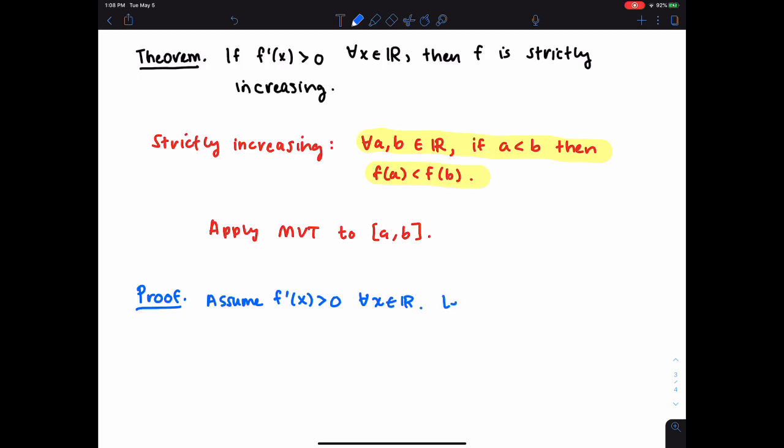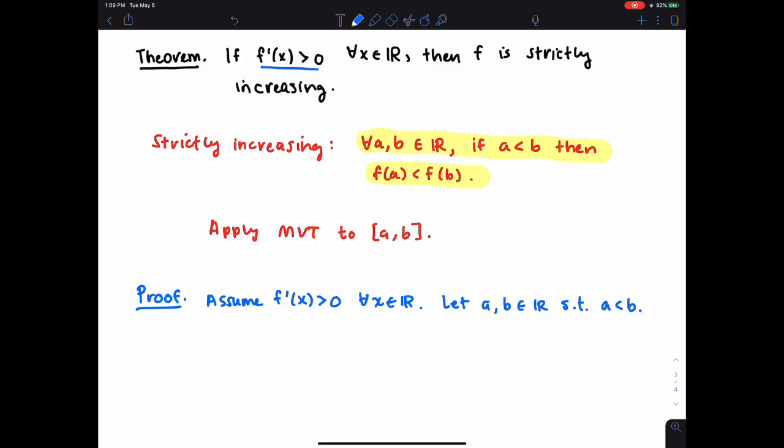So I'm going to let A and B be in R, such that A is less than B. And then we're going to be considering our function on the closed interval AB, and we're going to try to demonstrate that the conditions of the mean value theorem are met, because that gives us access to the derivative, and that'll give us access to our assumption that the derivative has to be greater than 0 for all x.